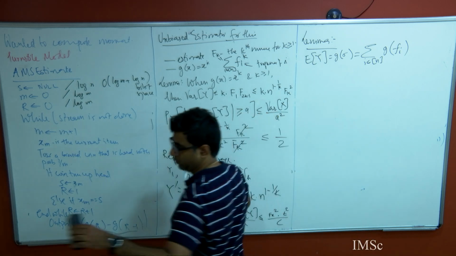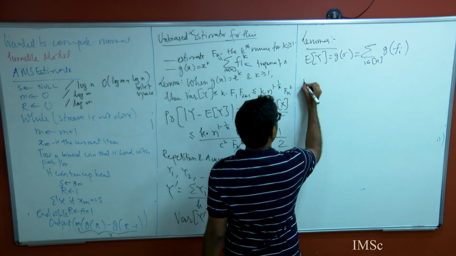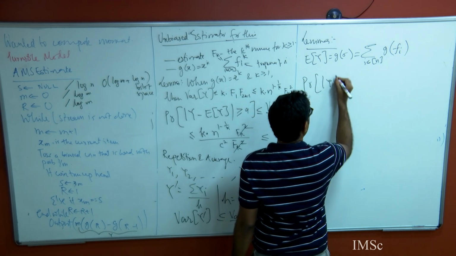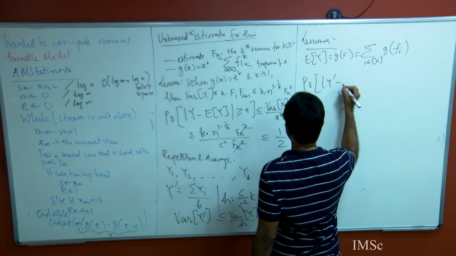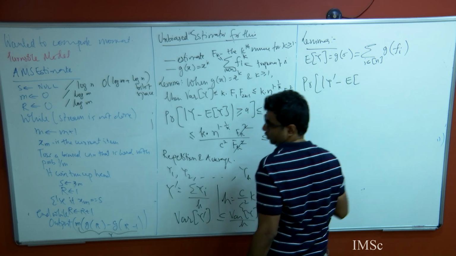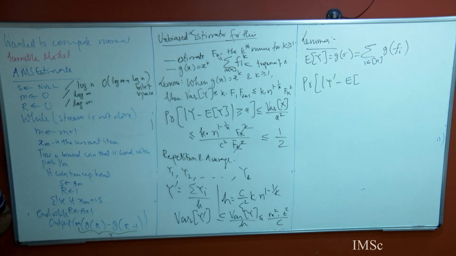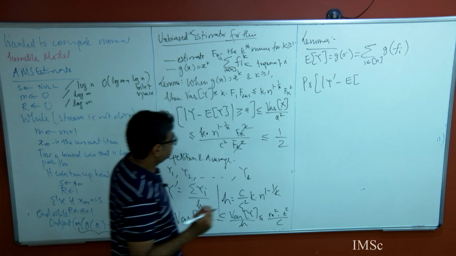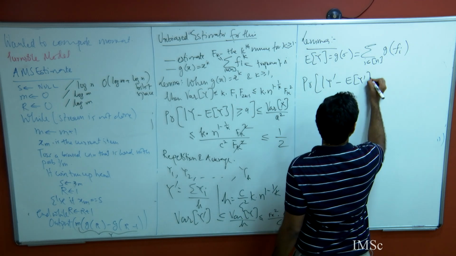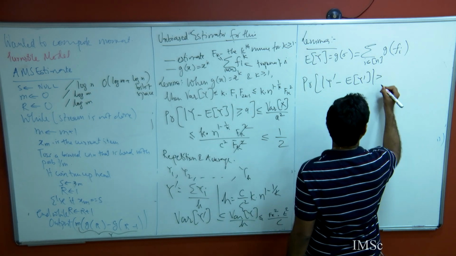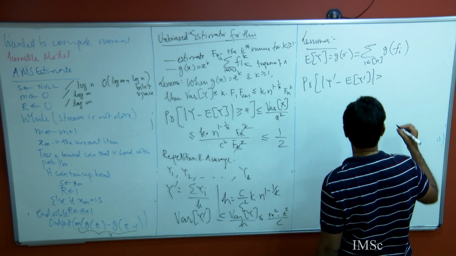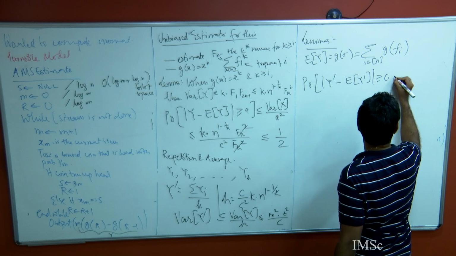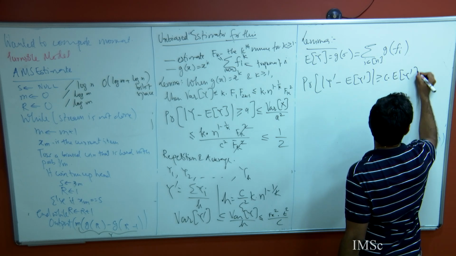So now if I apply this, what will be the probability that y prime minus expectation of y prime is greater than or equal to c times expectation of y prime?